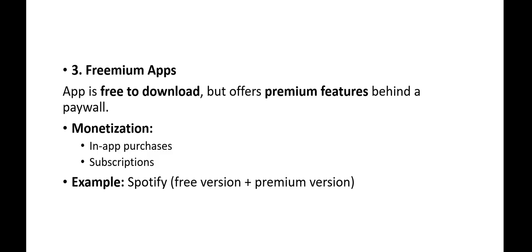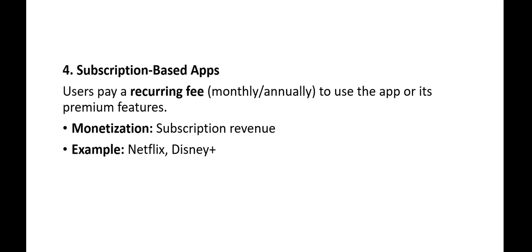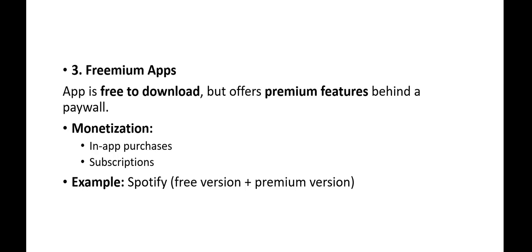Next, the third type is freemium apps. The app is free to download but also offers some additional or premium features behind a paywall. The user can download the app freely and use it freely, but if the user needs any additional or premium features, the user has to pay for them. Monetization is achieved through in-app purchases and subscriptions.